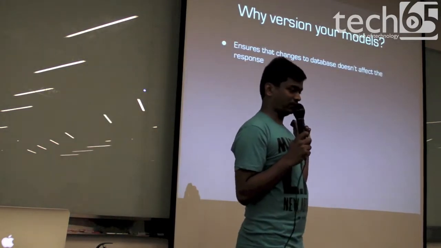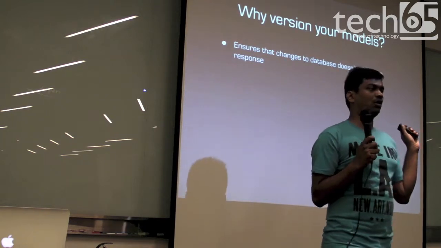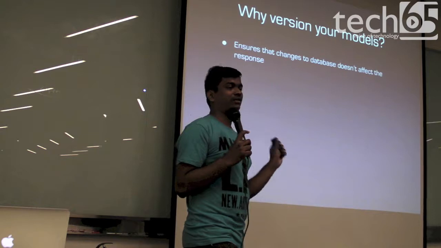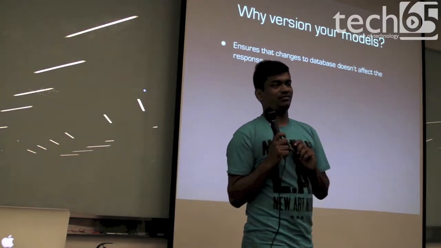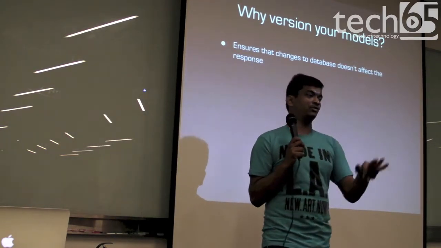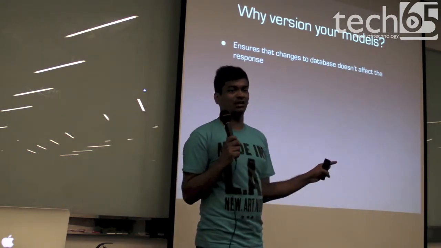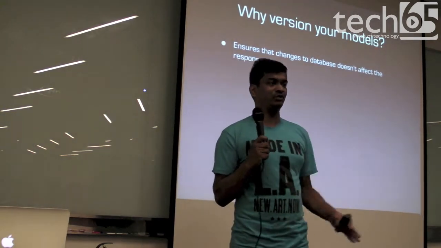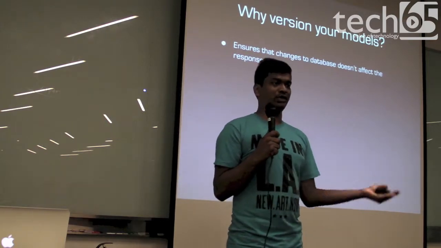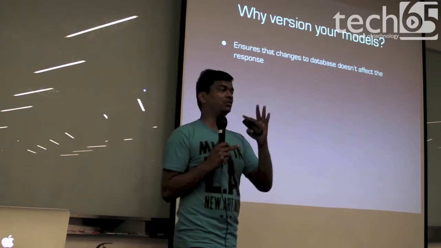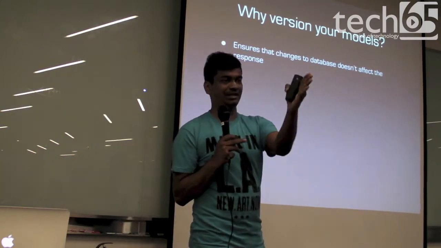The first reason to do model versioning is that the database is going to change often. Whenever business requirements change, you first touch your database, right? You cannot prevent database change at all. The database is going to have new tables, new columns, new indexes, and this should not affect the response that you committed to the client implementer.